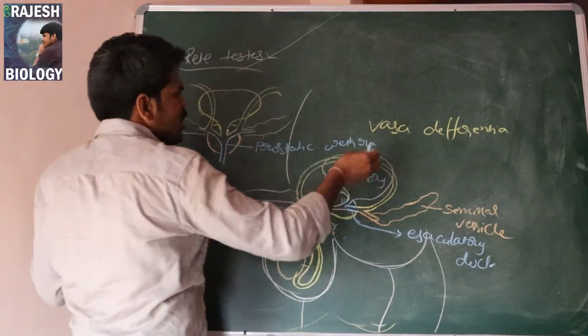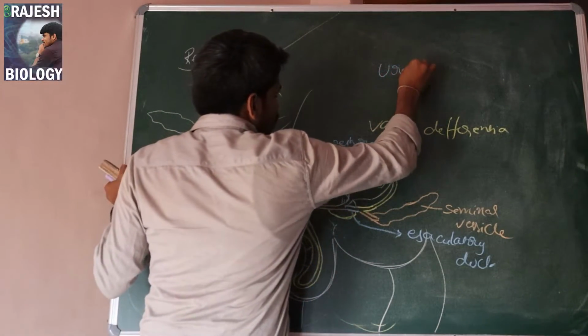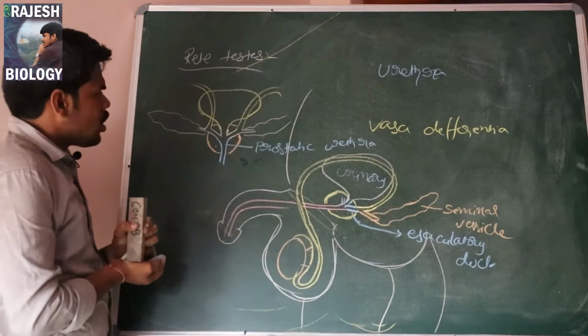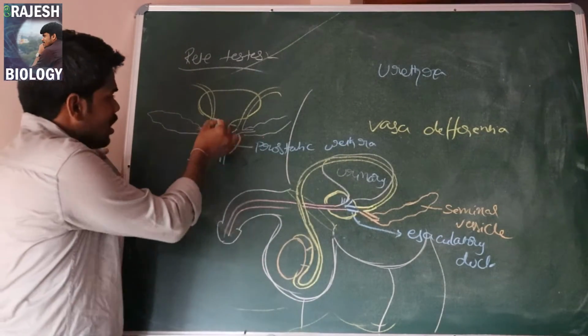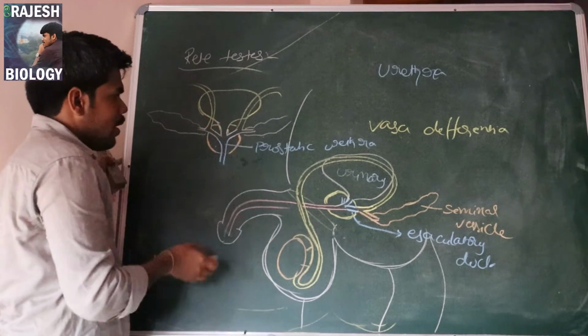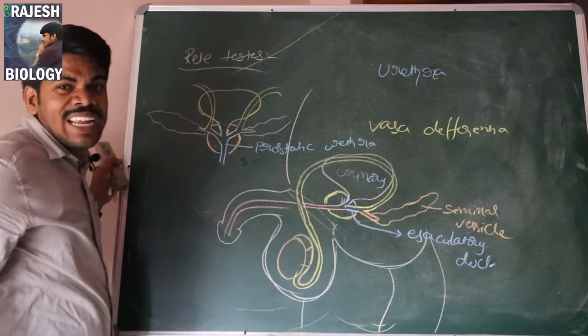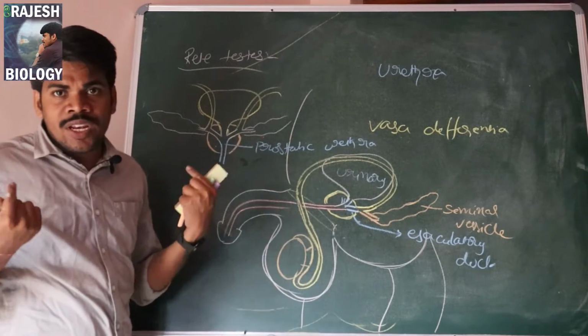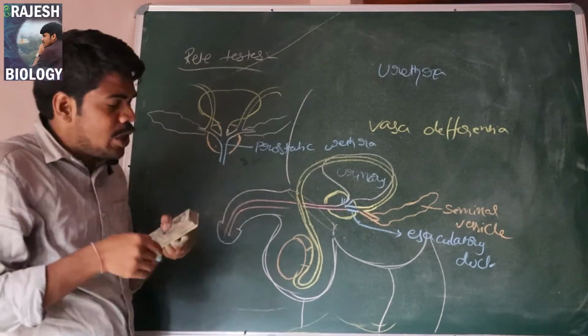Now, next concept, the next duct is the urethra. The urethra starts from the posterior end of the urinary bladder, enters into the prostatic gland, and collects the two ejaculatory ducts. A pair of ejaculatory ducts are merged in the urethra.